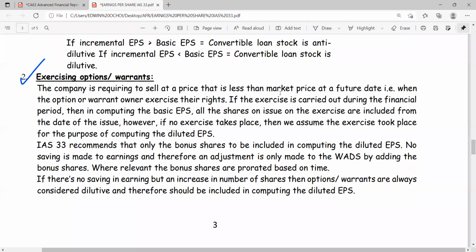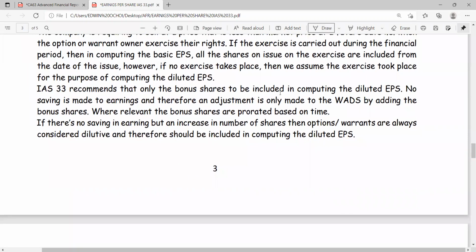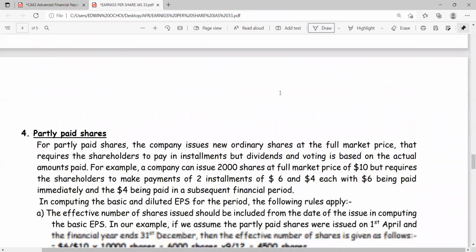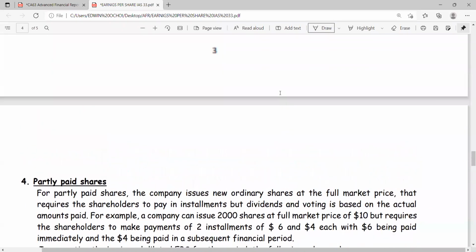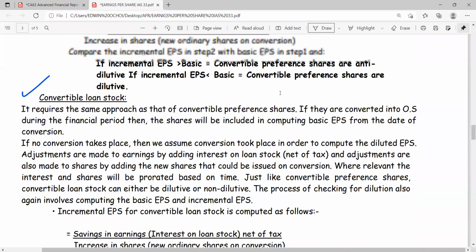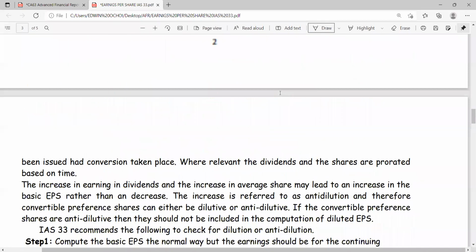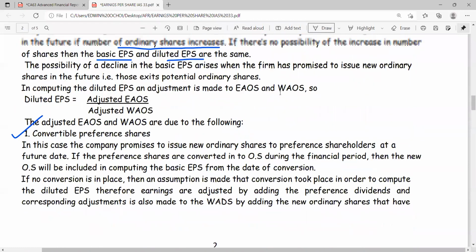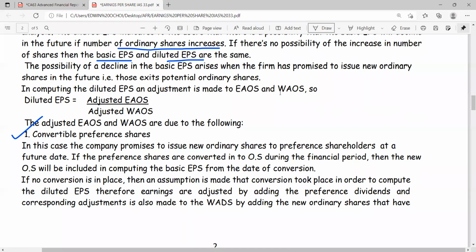They always say that the employees are given share options. So that is the main thing. I will be coming back to these notes when I will be dealing with each item. Like now, when I will be dealing with convertible preference shares, I will come and express about these notes in depth. The same for convertible debentures and loan stock and share options.